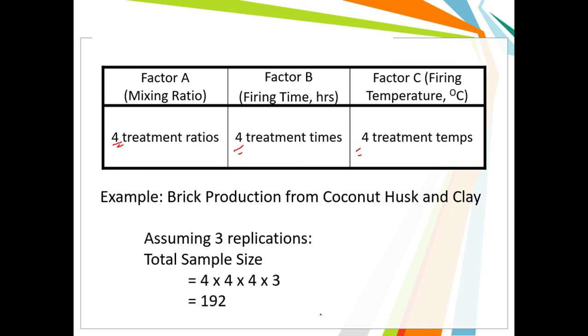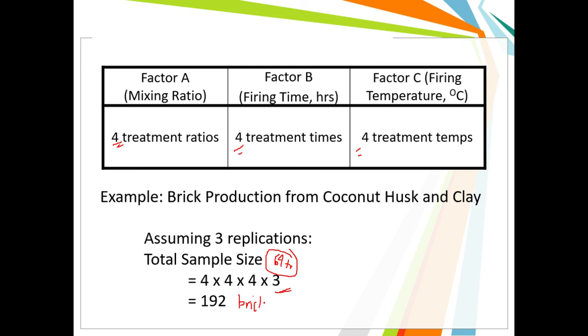So we have to prepare 64 treatments. With 3 replications, times 3, that is 192. So 192 bricks will be used.